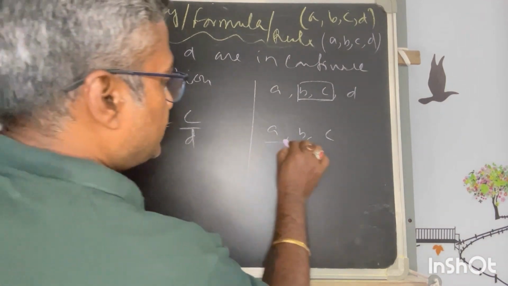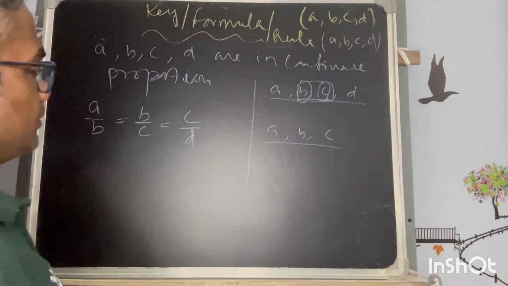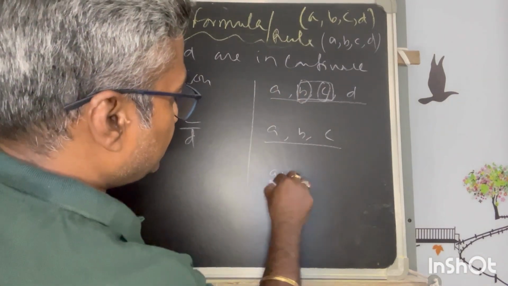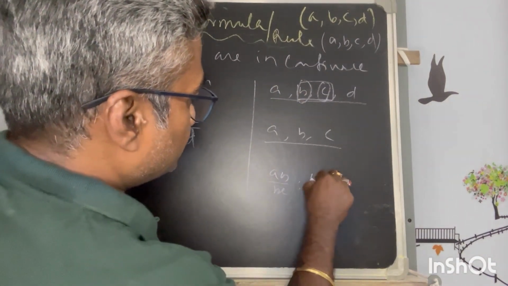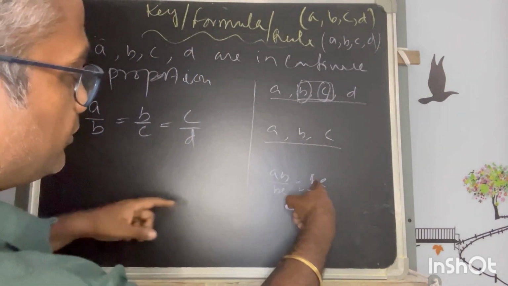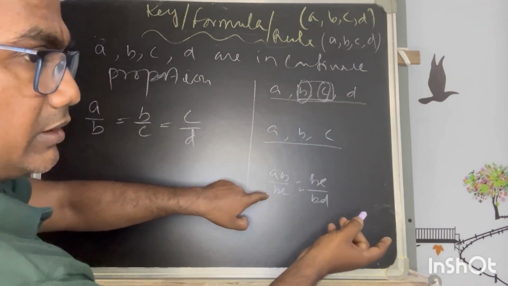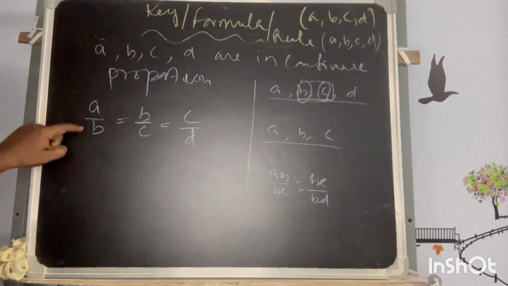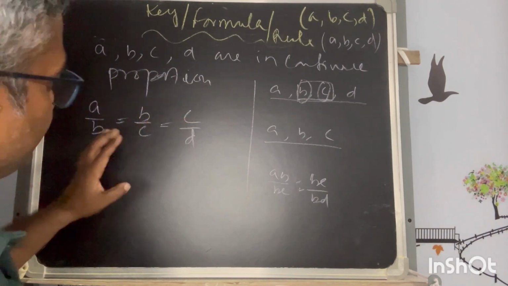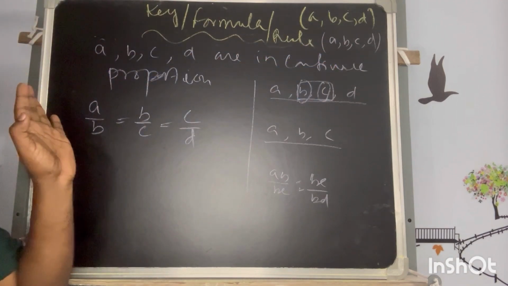So instead of taking A, B, C, D, if these two terms are the same, then instead of doing AB, BC is equal to BC, BD, I can put A by B, B by C, and these are equal. If we keep them the same, then the terms are always in continued proportion.